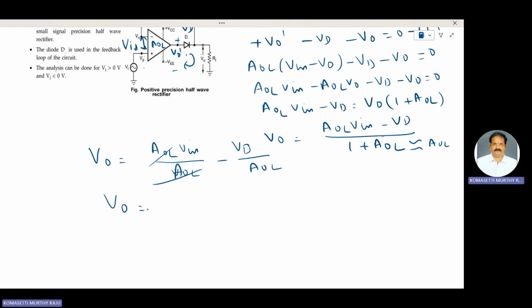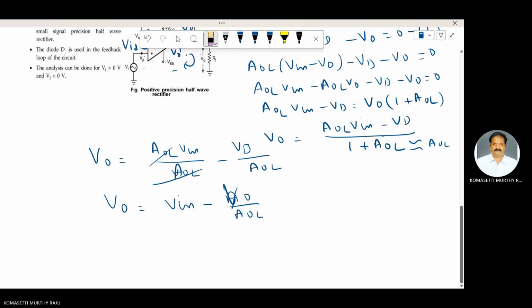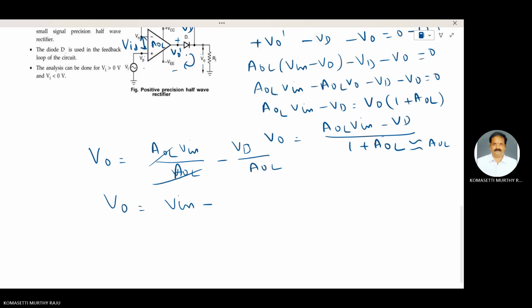Therefore, V0 is equal to Vin minus VD by AOL.